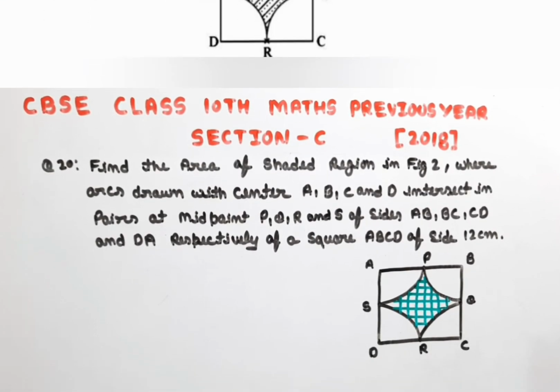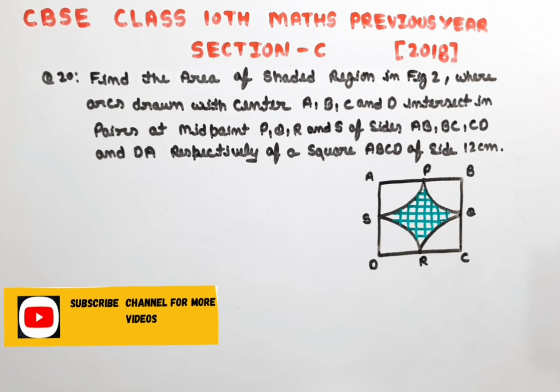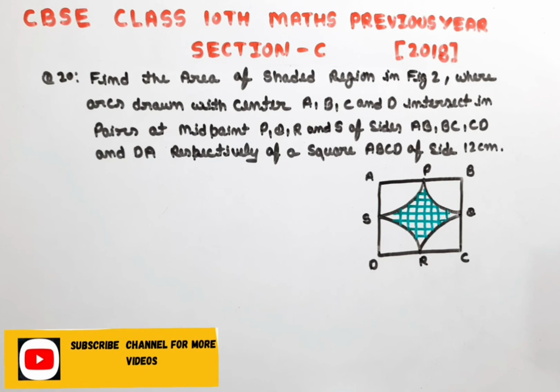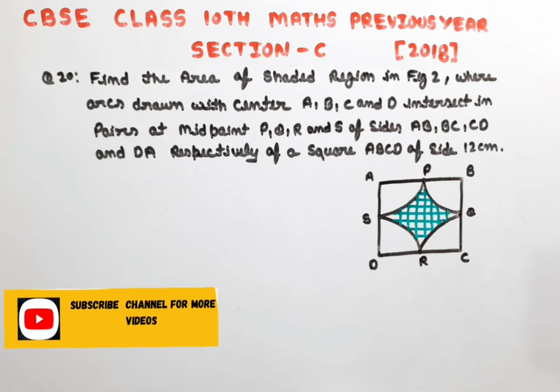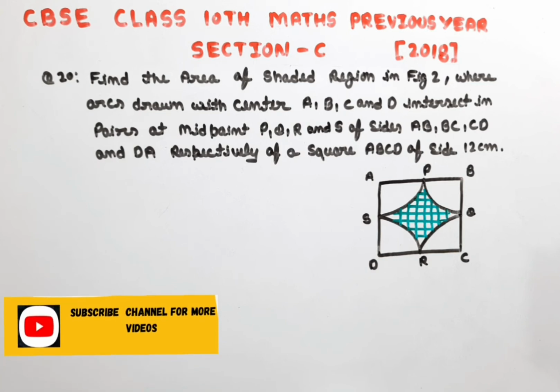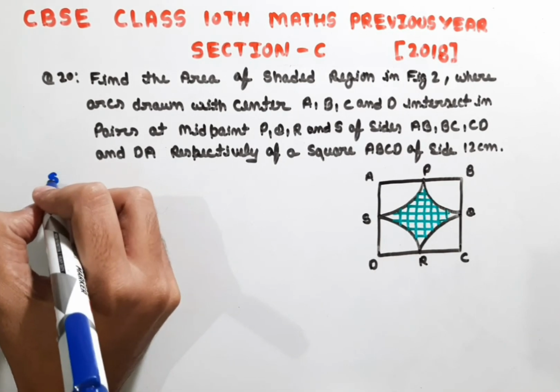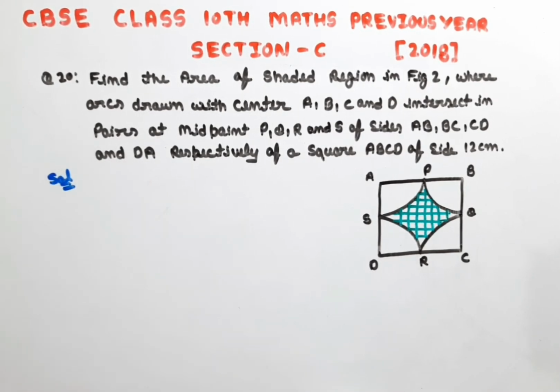Question number 20. Find the area of the shaded region in figure 2 where arcs drawn with centers A, B, C and D intersect in pairs at midpoints P, Q, R and S of sides AB, BC, CD and DA respectively of a square ABCD of side 12 centimeter. In this problem, we have to find the area of the shaded region.